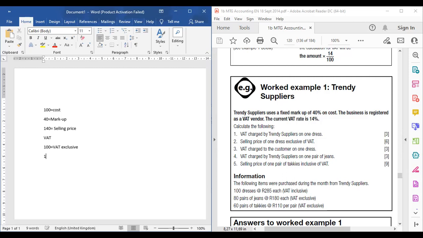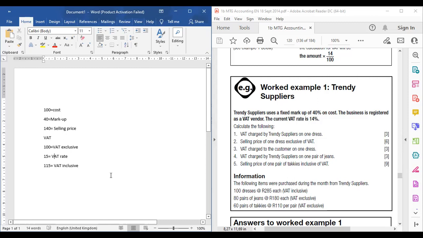Let's use 15 because I don't want to confuse you. Forget about the 14 that they wrote on the question. 15 is equals to the VAT rate. So 115 is equals to VAT inclusive. So before we even start with anything, we are going to do this.